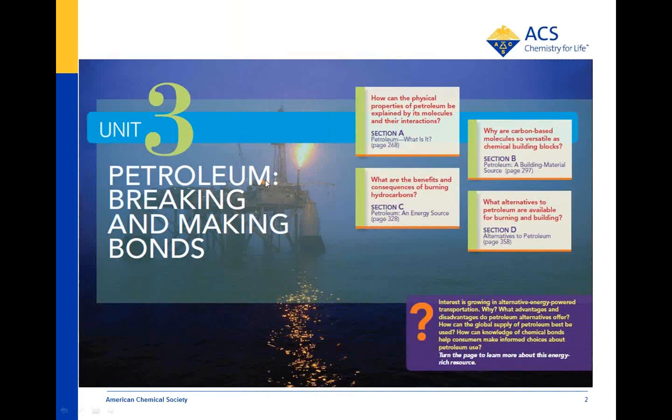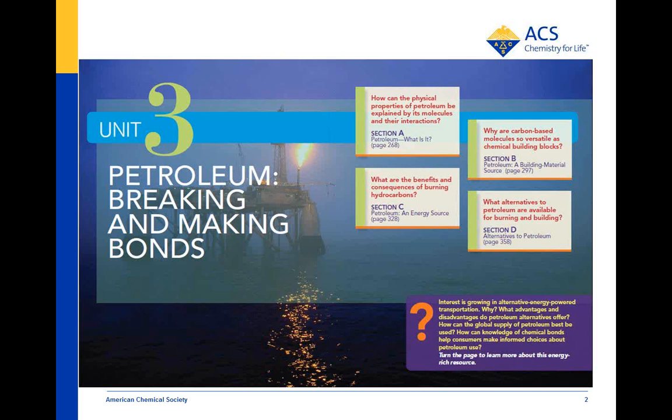So here's the opening for Unit 3, which is, again, Petroleum: Breaking and Making Bonds. In this unit, students are going to learn about how bonds are broken and how bonds are formed, and the energetics. They're going to be doing a lot of organic chemistry, building alkanes, alkenes, doing synthesis reactions.